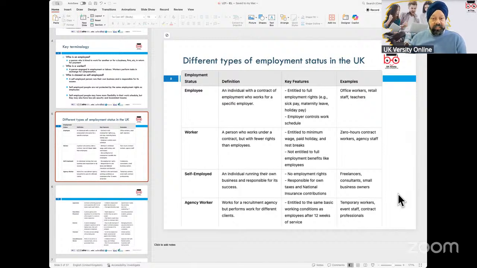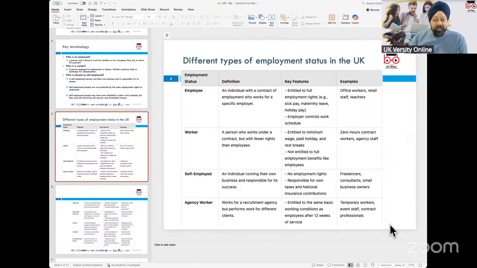Because of their skill set and experience, they're able to offer these services without additional support from other people. So a plumber, an electrician, a dentist, or a consultant working within quality or education might be termed as self-employed individuals, who work for themselves on a contractual basis.